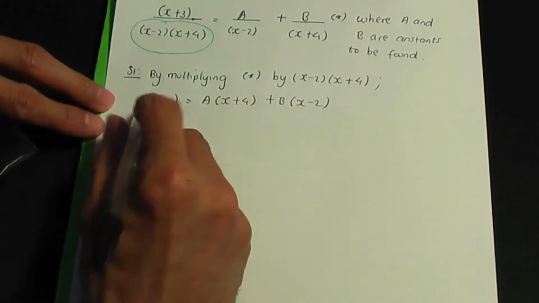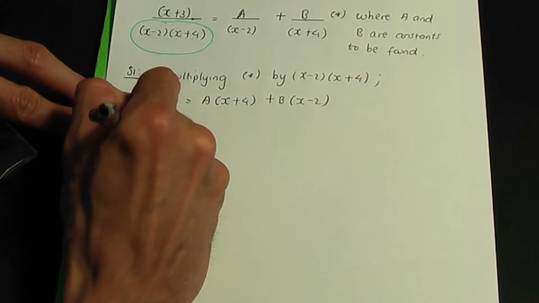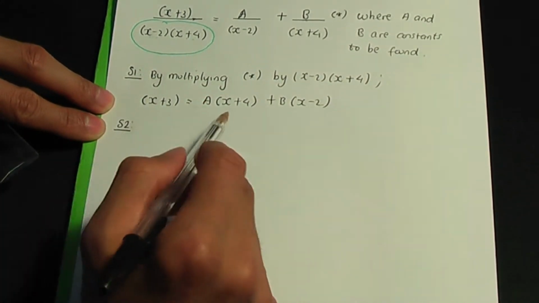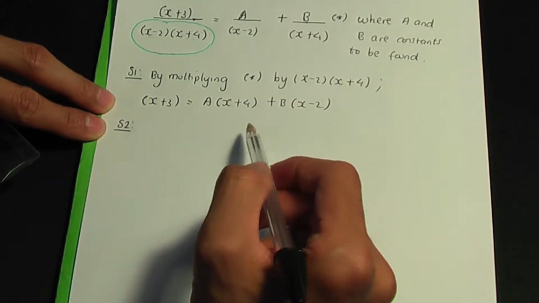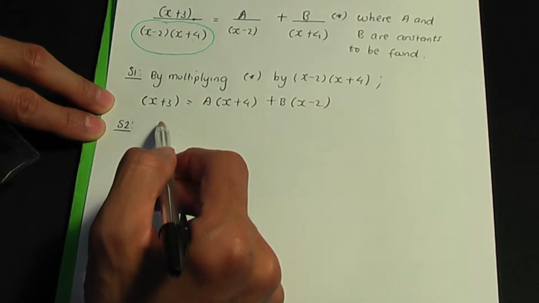Okay, now once you come to this step, step 1 is finished, go to step number 2, and in step number 2 you need to choose a value of x to eliminate one of the terms to calculate the remaining term.